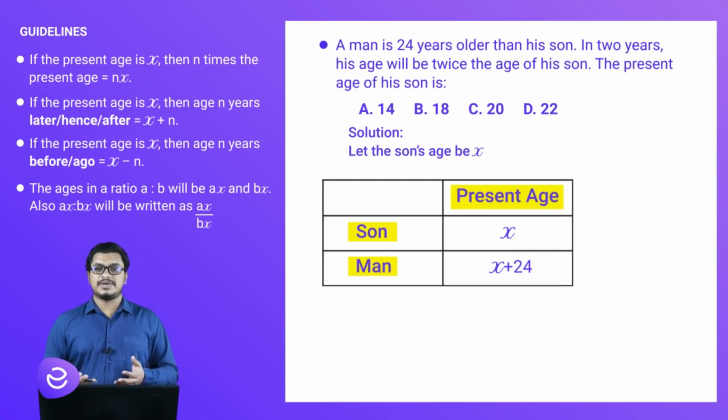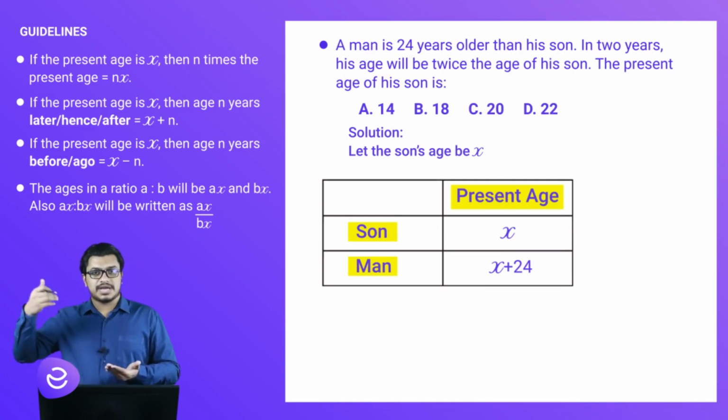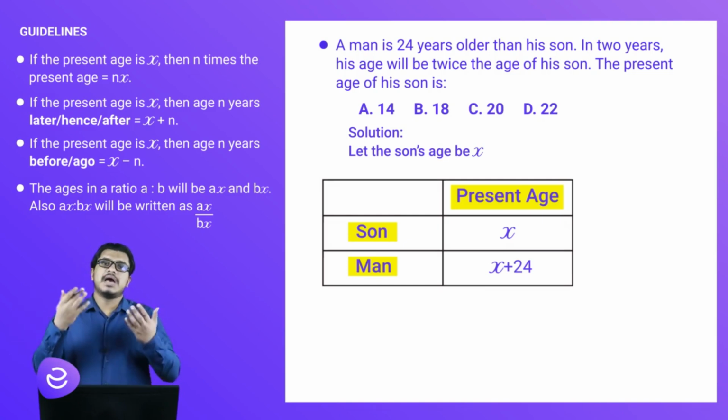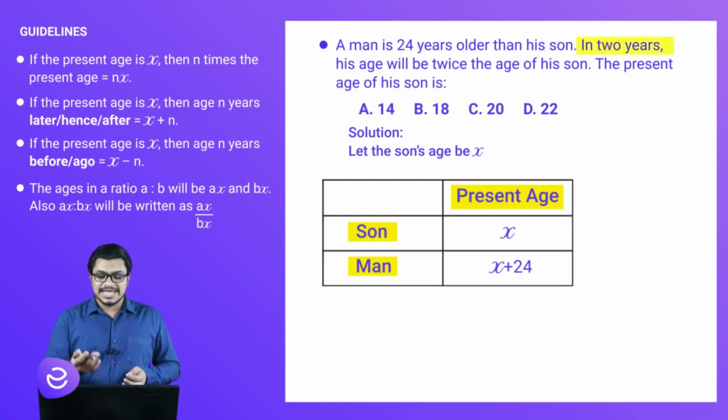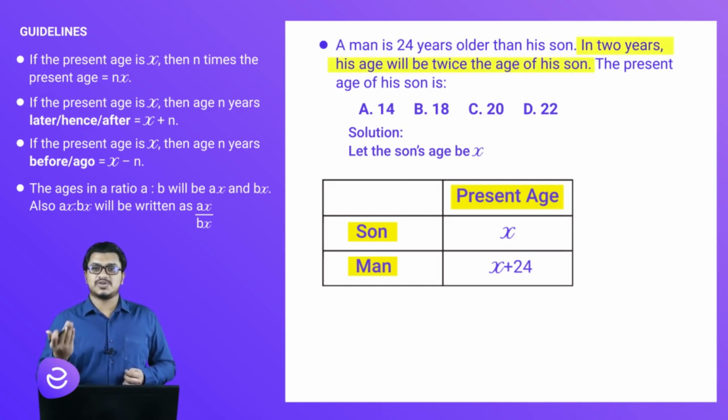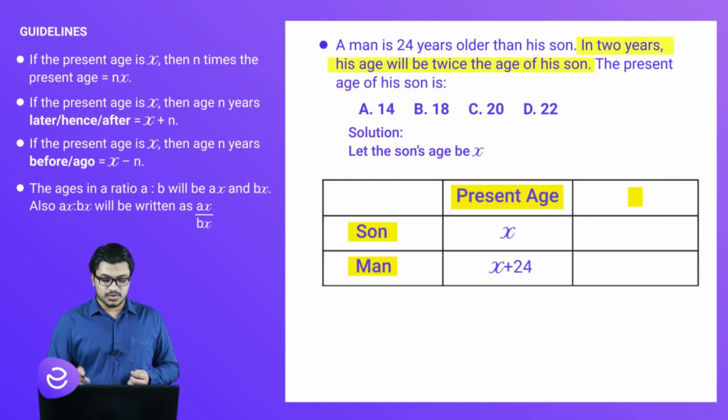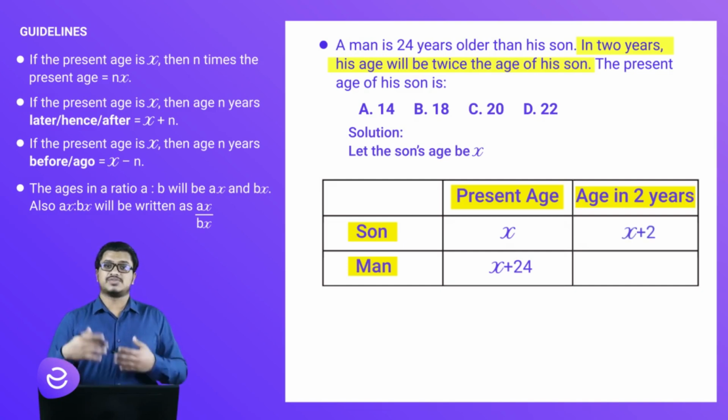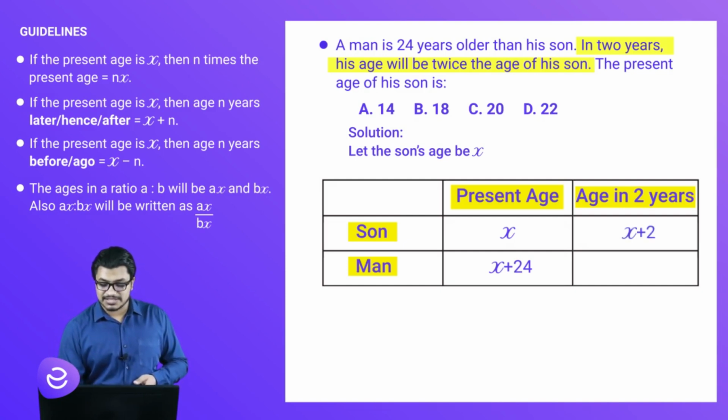Now the additional information is in 2 years, that means after 2 years. As per our guidelines, we know that after 2 years means plus 2. So in 2 years, his age will be twice the age of his son. So we'll create another column, after 2 years. If the son's present age is x, after 2 years it will be x plus 2.